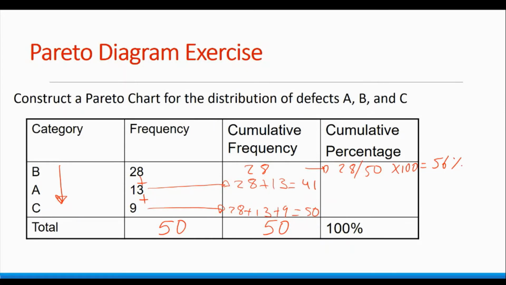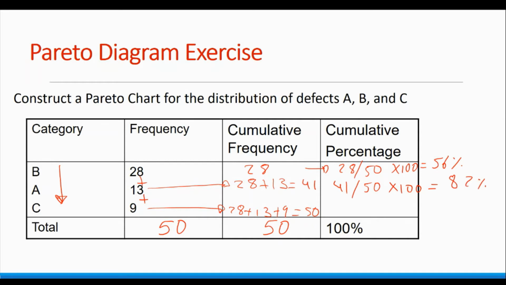Okay, for the second line, for the cumulative percentage of B plus A, we have 41 frequency divided by 50 times 100 to put it into percentage points, and that is equal to 82%.